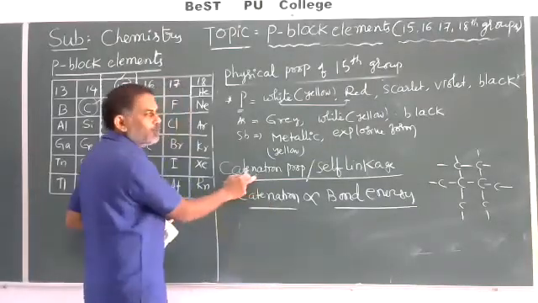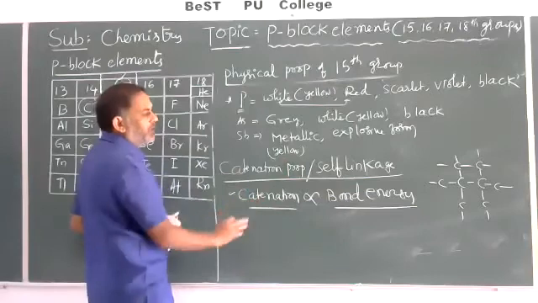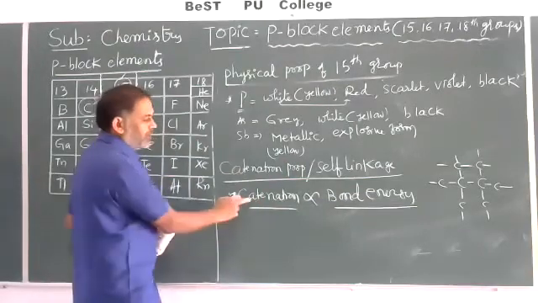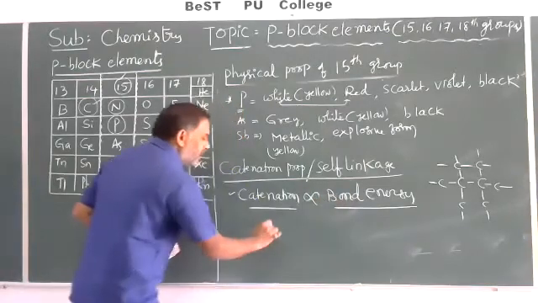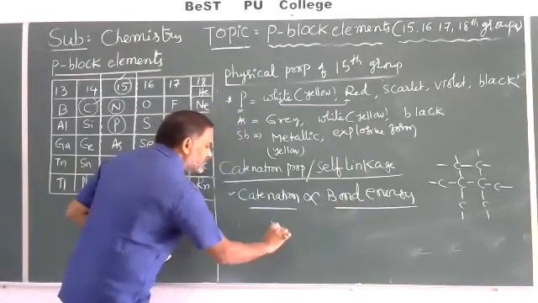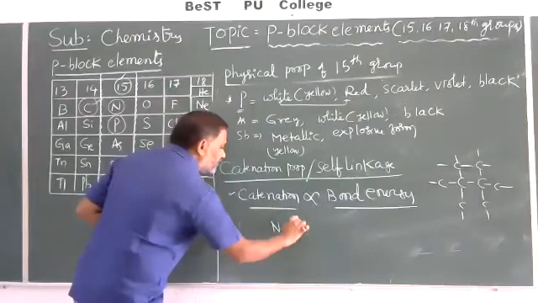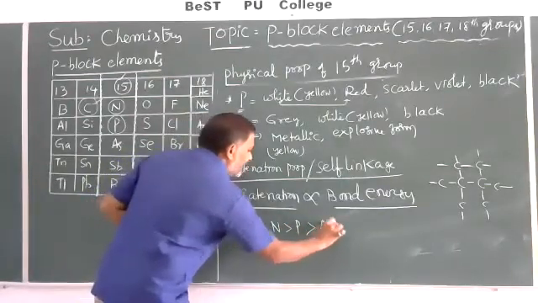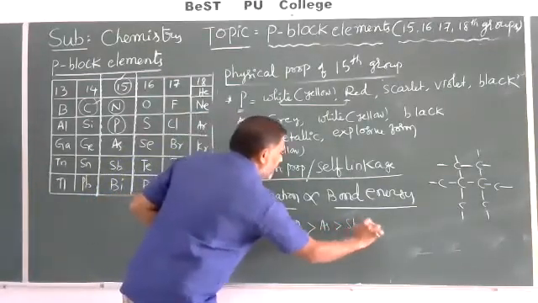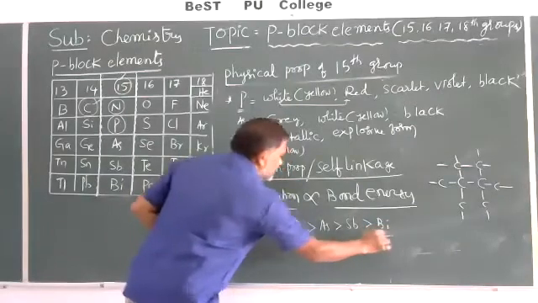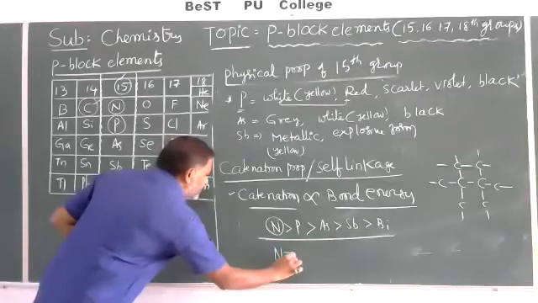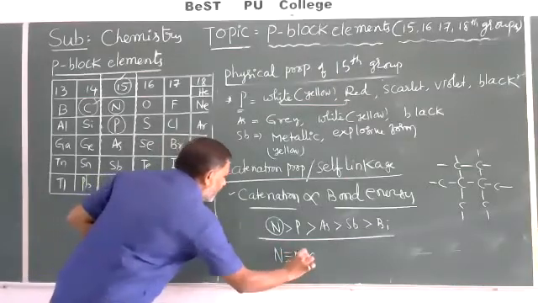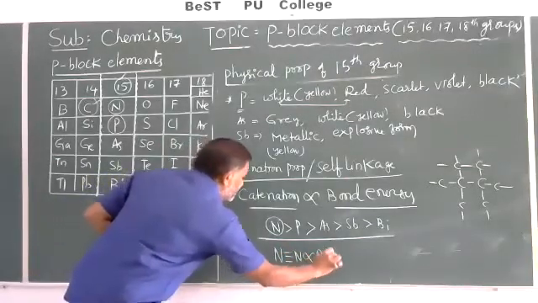Similarly, 15th group elements also show catenation, and like carbon, it depends on bond dissociation energy. That is why the catenation property of nitrogen is more than phosphorus, than arsenic, than Sb, than Bi. This is because the nitrogen triple bond strength is more than that of phosphorus.